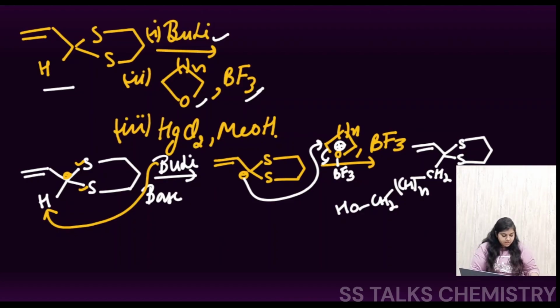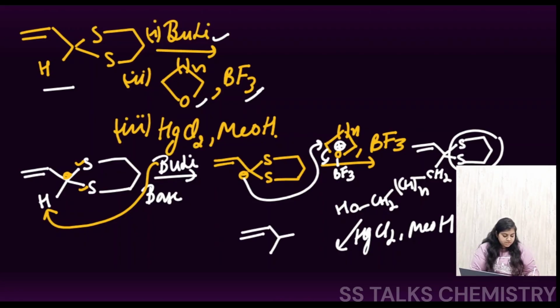Now next they have treated this with HgCl2 and methanol. This particular reagent is used for the deprotection. So this group will be converted to the carbonyl. The resultant is this group converted to the carbonyl, and here will be the CH2 CH having n number of carbon atoms, CH2 and the OH species.